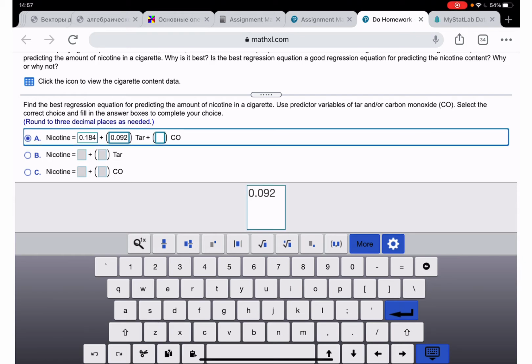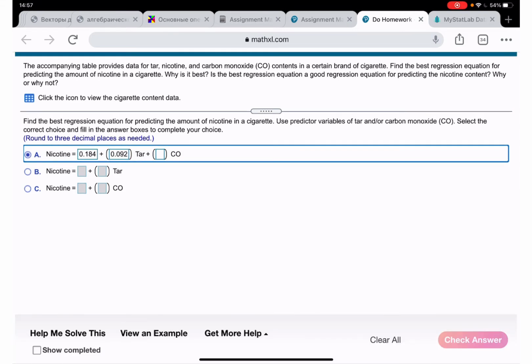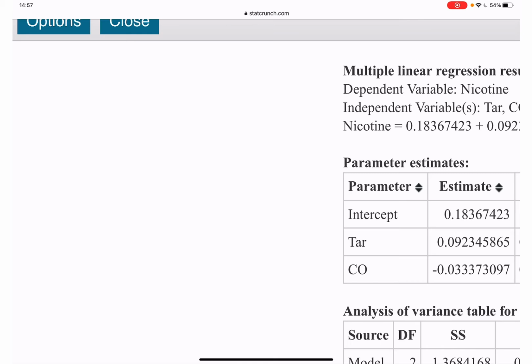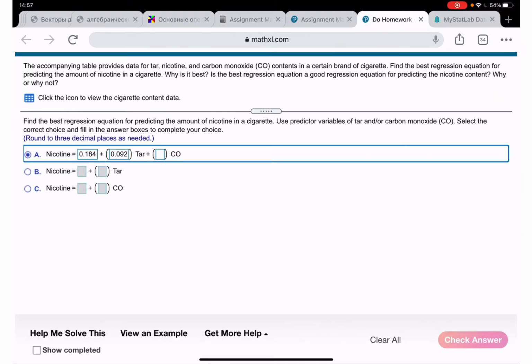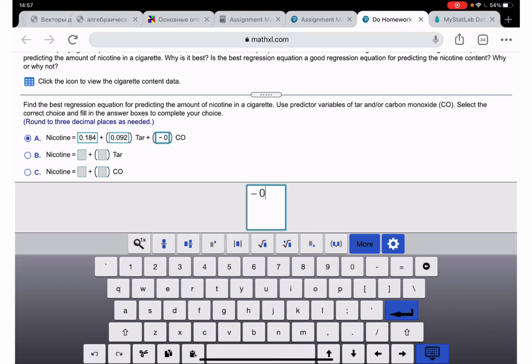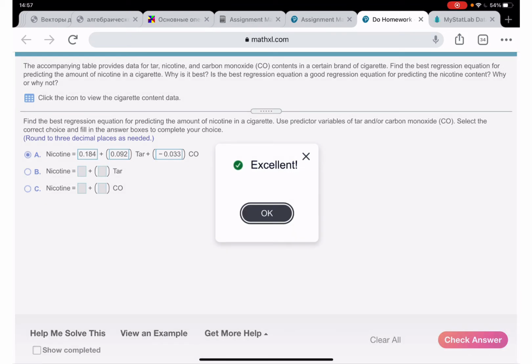And CO is negative 0.033. Okay, excellent job. So moving to the next one.